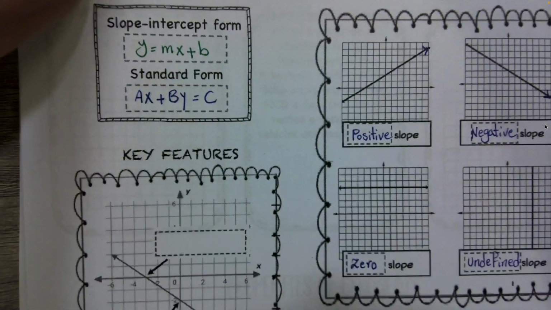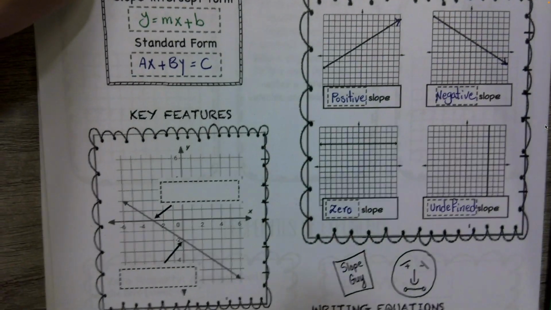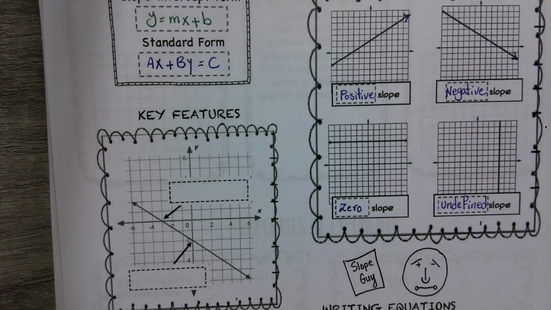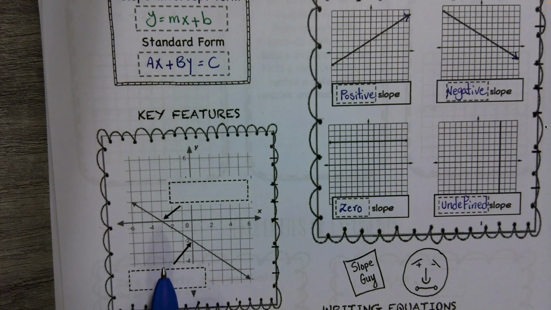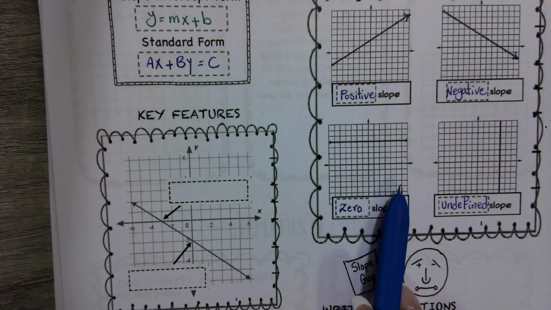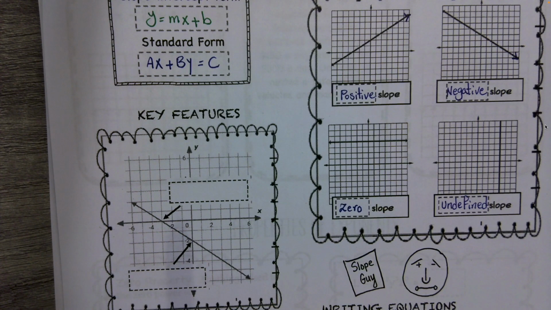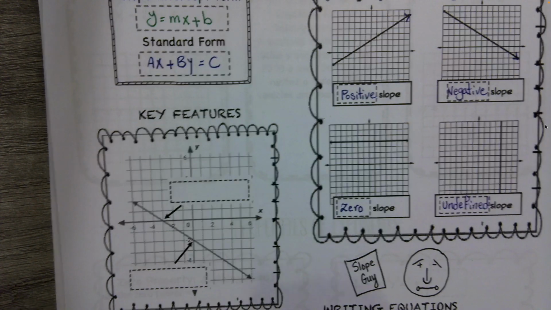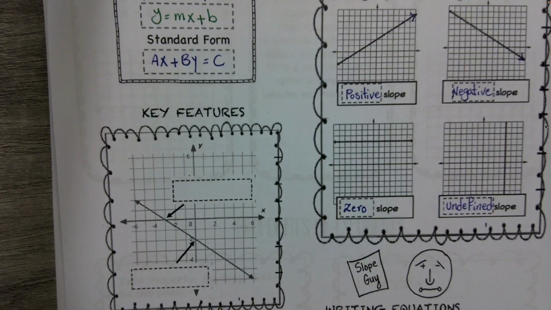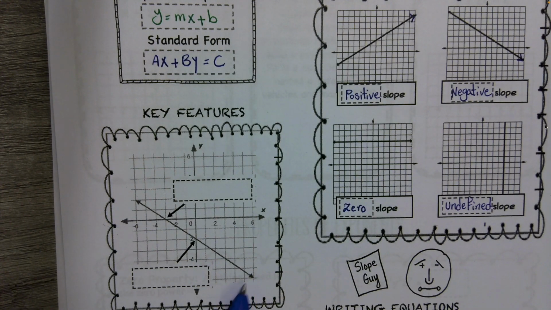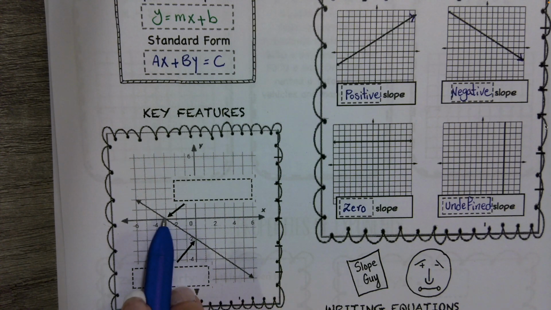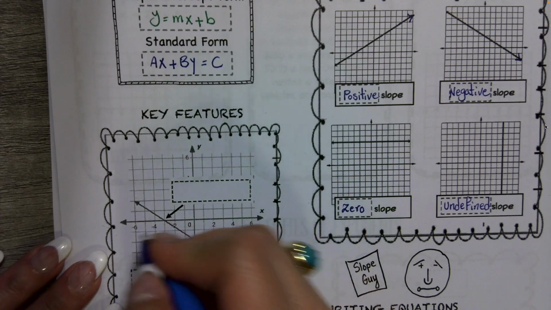Okay, now let's move on. When we're talking about the slope, there are other key features on the graph. When we're talking about a graph, there's the slope and there is the y- or x-intercept. So what are those? Let's say we have our graph. When it passes through your x-axis, that point of intersection is your x-intercept.